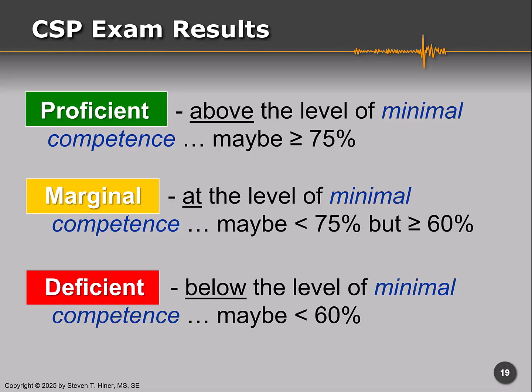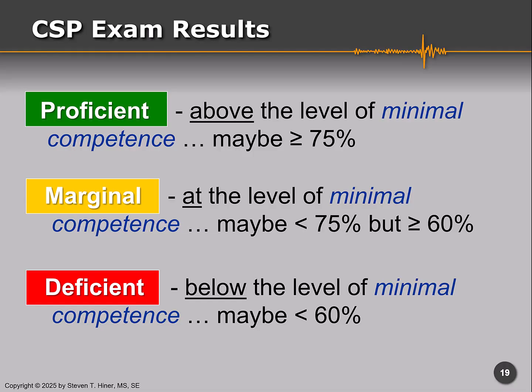Deficient means that you scored below the level of minimal competence. So if the level of minimal competence was 60%, then it would be anything less than 60% in that particular content area. Now, it's important to note that you do not have to be proficient in all content areas, or you don't even have to be marginal in all content areas.